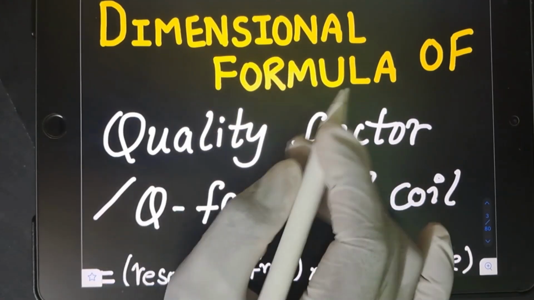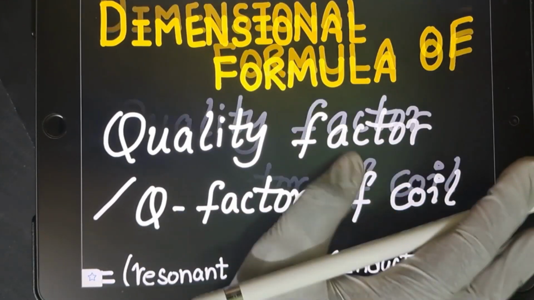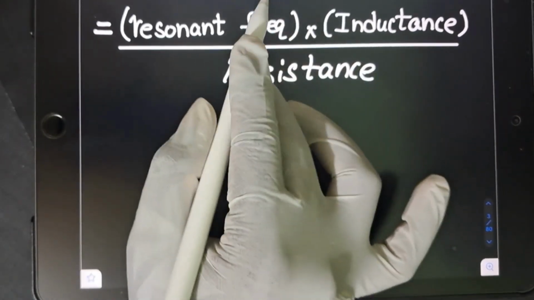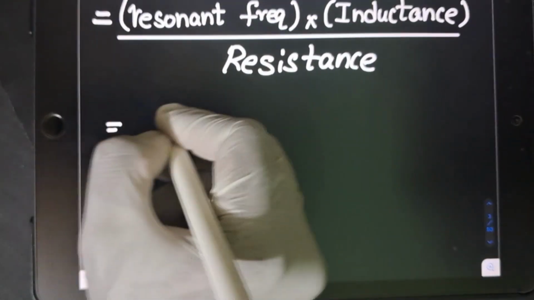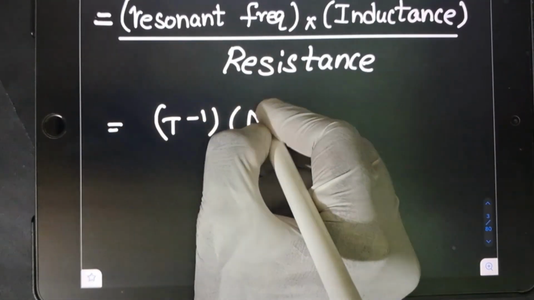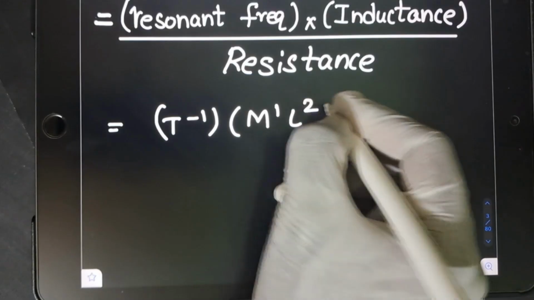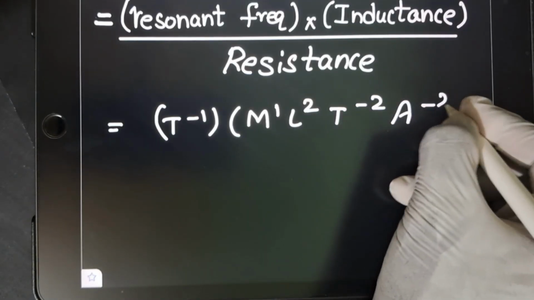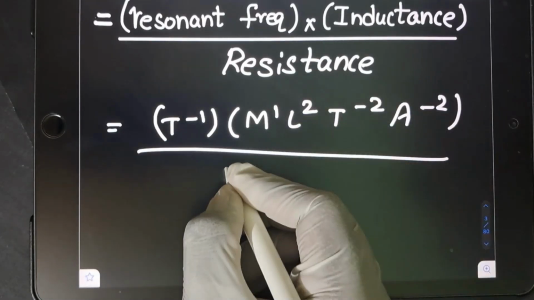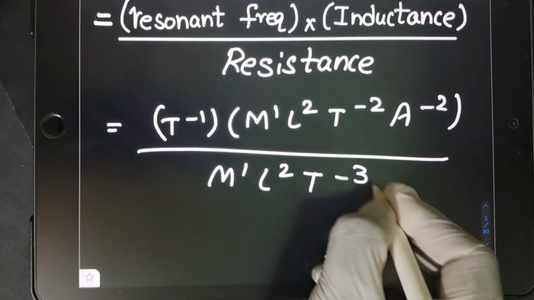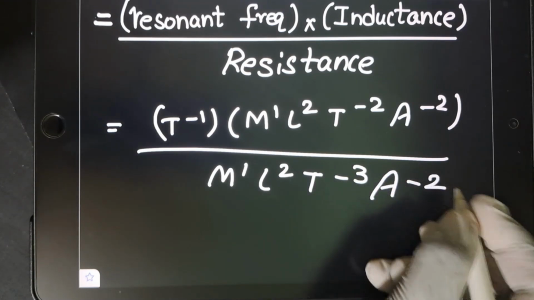To find the dimensional formula of quality factor of the coil, resonant frequency into inductance by resistance. The resonant frequency dimensional formula is T power minus 1. Inductance is M power 1, L power 2, T power minus 2, A power minus 2, by resistance M power 1, L power 2, T power minus 3, A power minus 2.